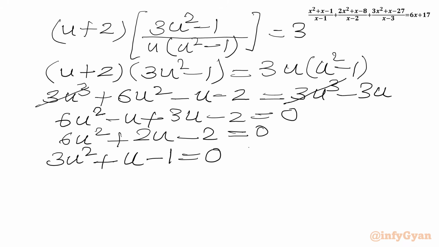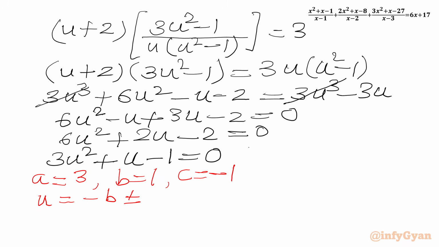Now we will be using quadratic formula. We have a value 3, b equal to 1, and c is negative 1. We'll be using formula u equal to minus b plus minus a square root of b square minus 4 times ac over 2 times a.